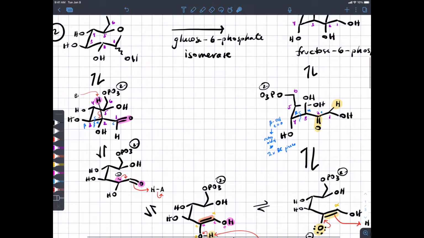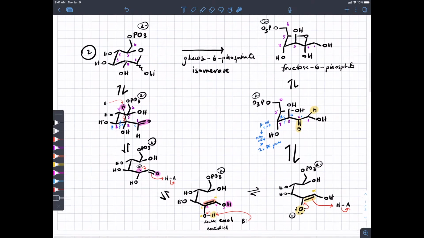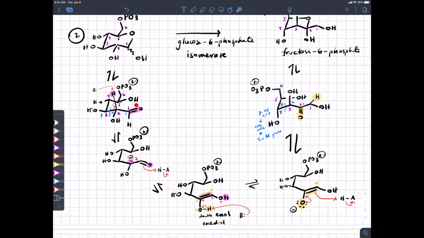Fructose is exactly the same in stereochemistry, except on carbon 2, it's a ketone instead of an OH group, and on carbon 1, it's an OH group instead of an aldehyde. And we talked about how you can convert from this alpha hydroxy aldehyde into this alpha hydroxy ketone only with proton transfer steps.